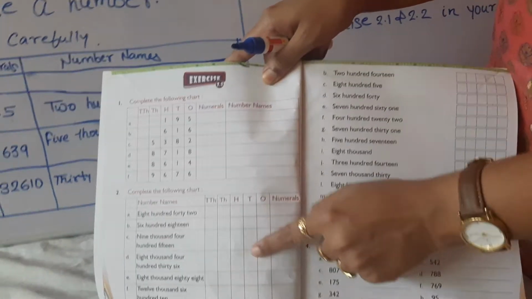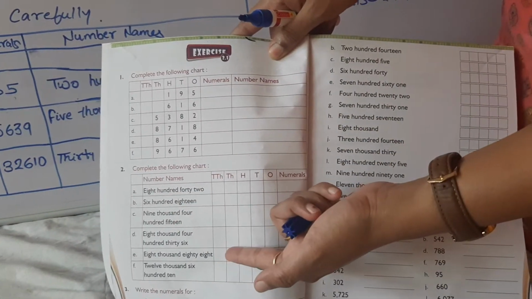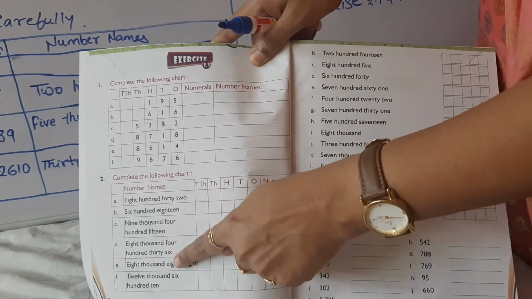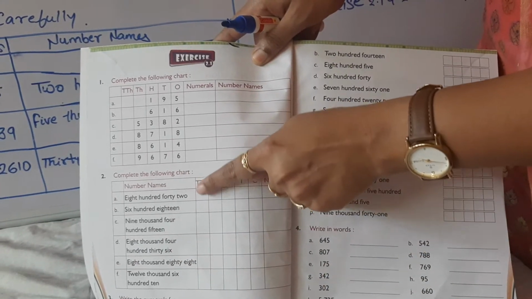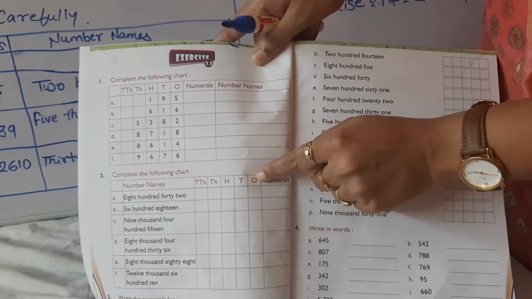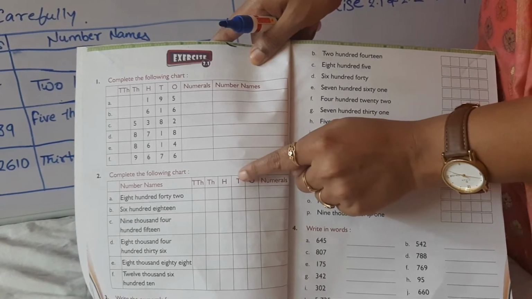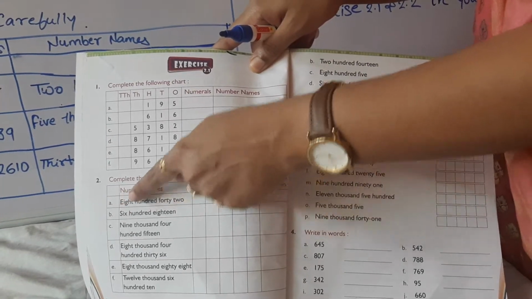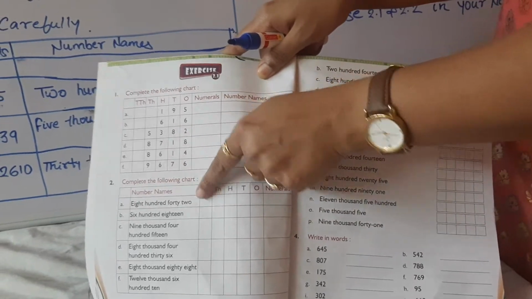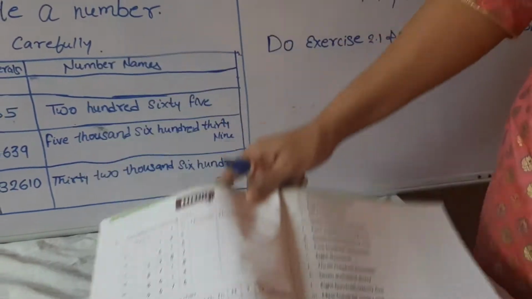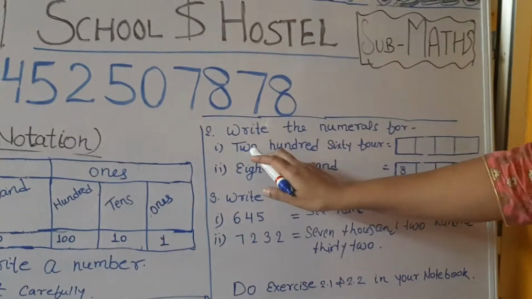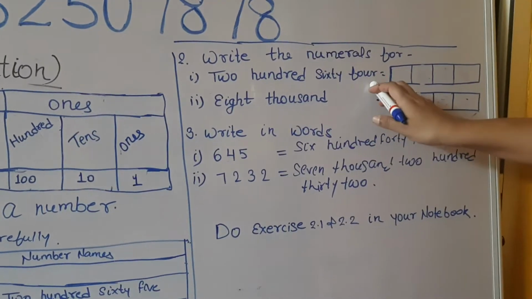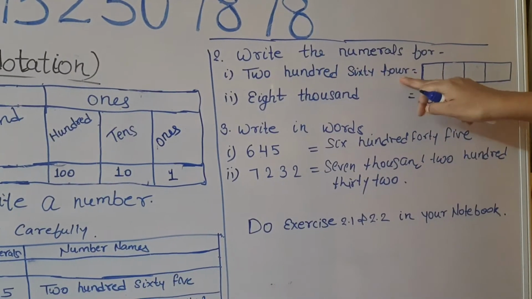Okay children, in the next question it has written the number name and you have to place that number in the place value like ones, tens, 100, 1000 and 10,000. For example, let's take one example. Suppose this is the number name for 264. So what is the numeral for this?